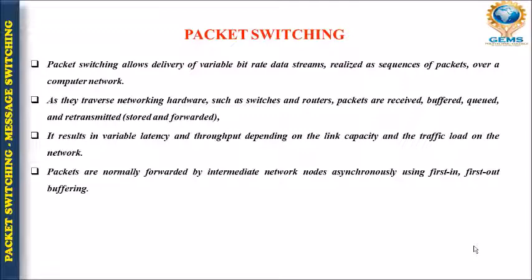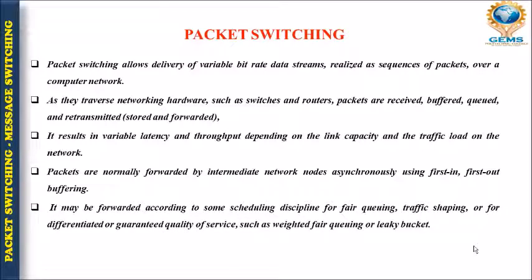So how are the packets forwarded? Packets are normally forwarded by the intermediate nodes which are established between source and destination. They may be forwarded according to some scheduling discipline like fair queuing, traffic shaping, or for differentiated or guaranteed quality of service, that is QoS, such as weighted fair queuing and leaky bucket.